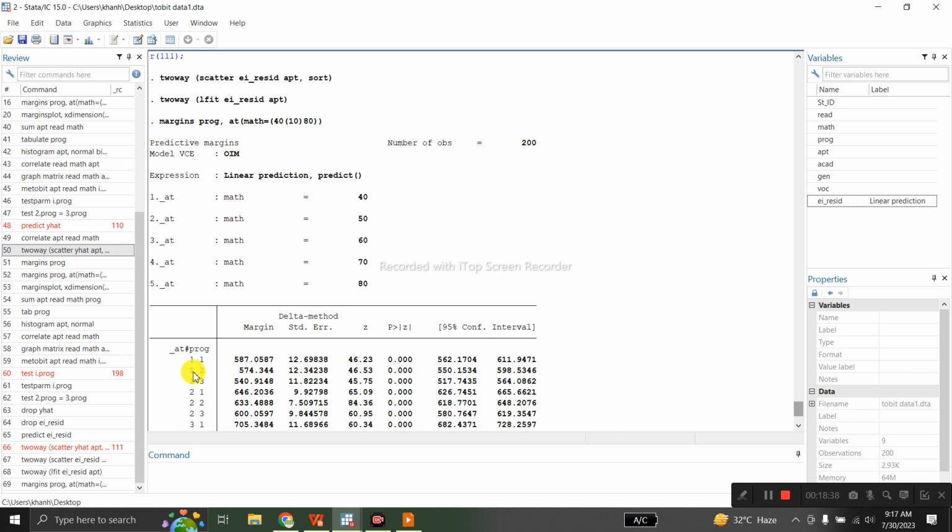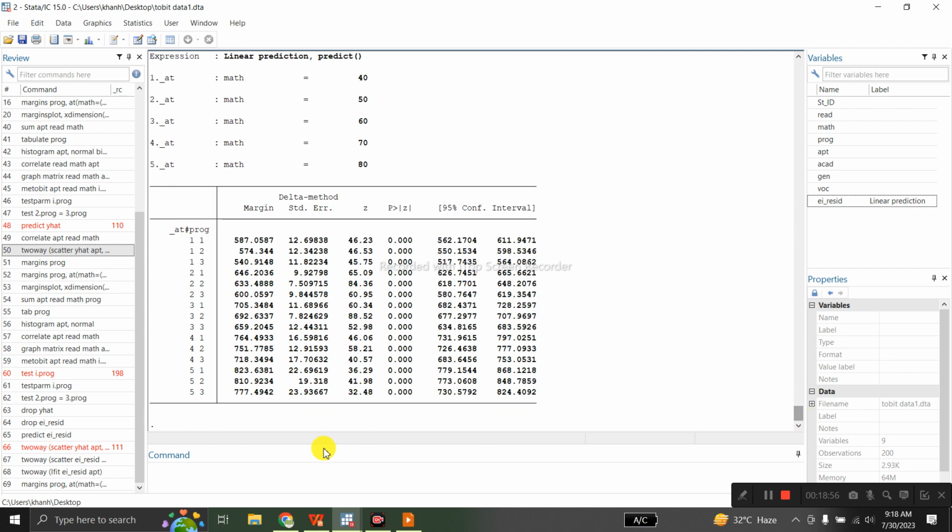Similarly, someone with score 40 and in general program has the expected marginal predicted score of aptitude 574, and for someone in the vocational the expected score is 540.